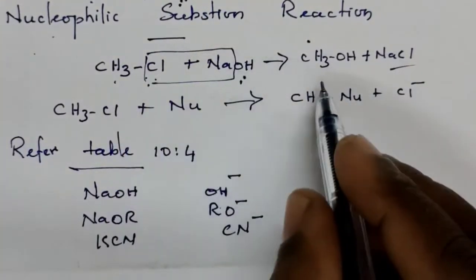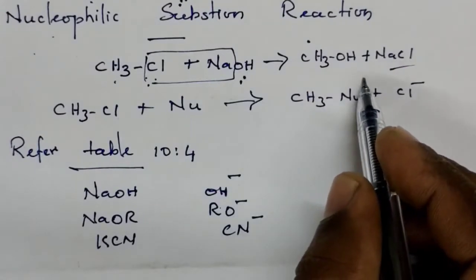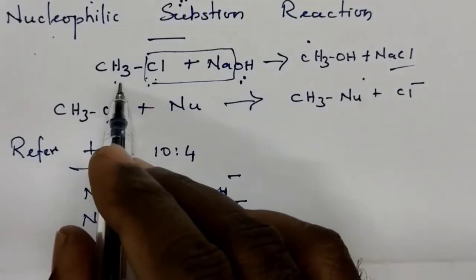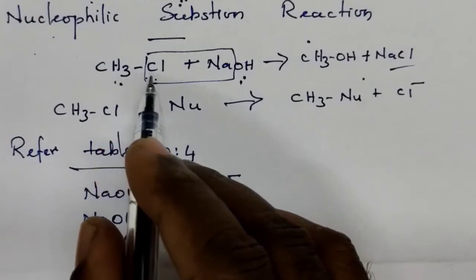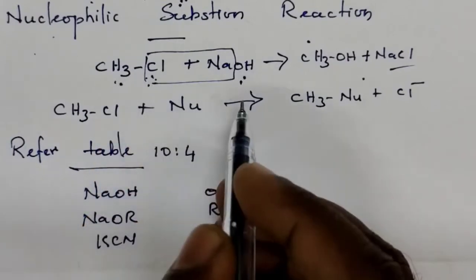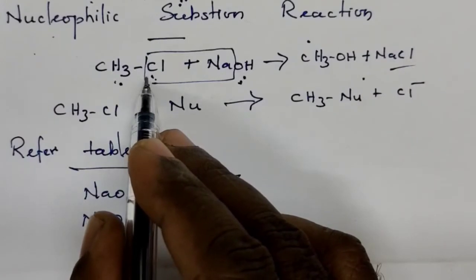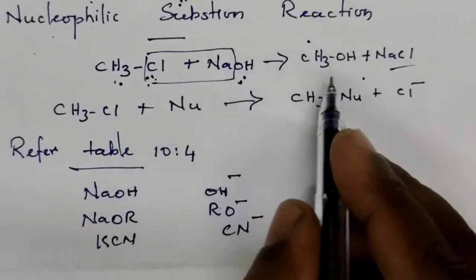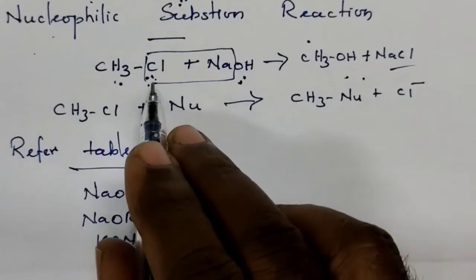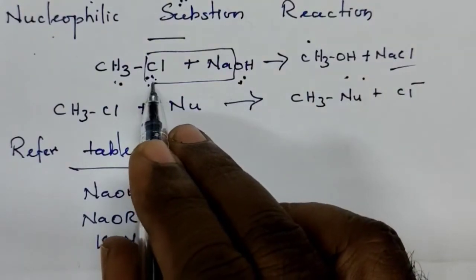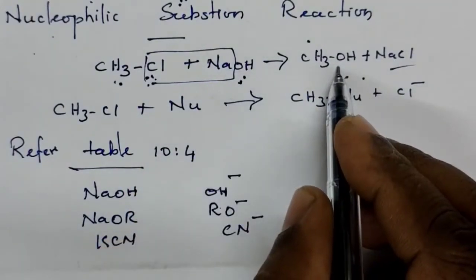So we get CH3OH as the product. That means the chloride ion is removed from the alkyl halide and instead we place an OH minus ion. We substitute OH minus instead of Cl. Such a reaction is called substitution reaction.